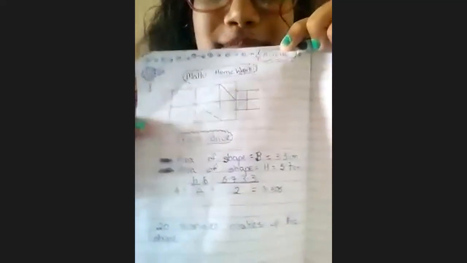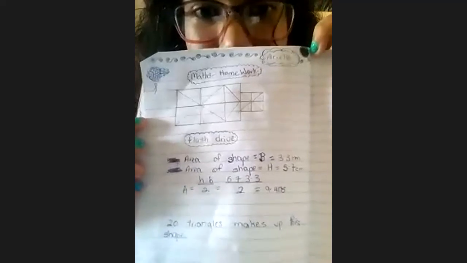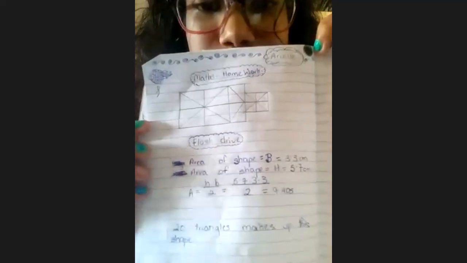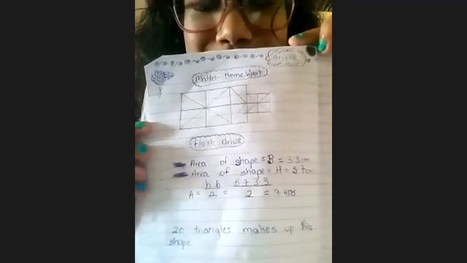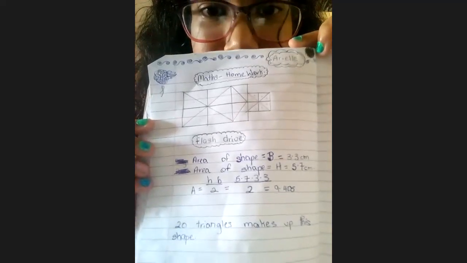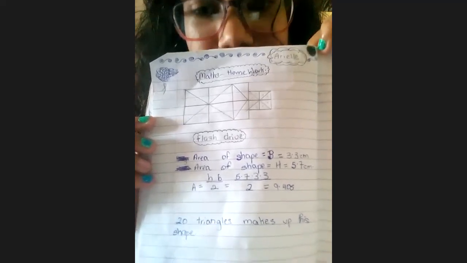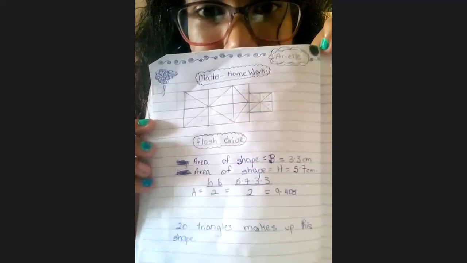Yes, sir. I'm sorry, I misheard you. 5.7. So 5.73, which is 57 and a third over.